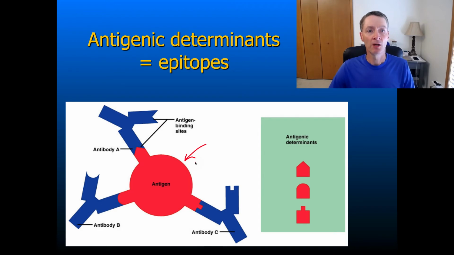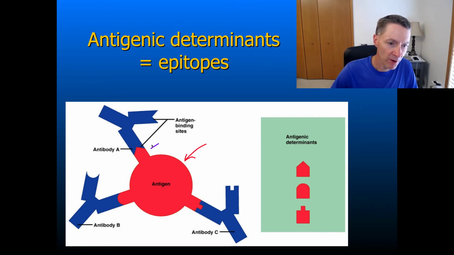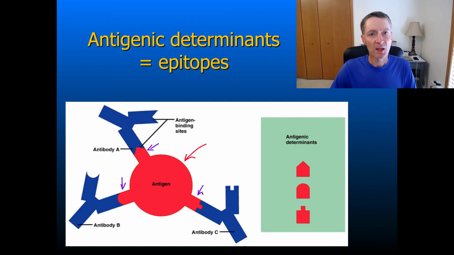It could be free-floating, something that is secreted by a bacterium. But you notice here that this red molecule, basically it's a circle, but then you see these little shapes sticking out either side. Here I have a kind of triangular shape, here a kind of circular shape, and here a kind of block shape sticking out. Each one of those would be an antigenic determinant.